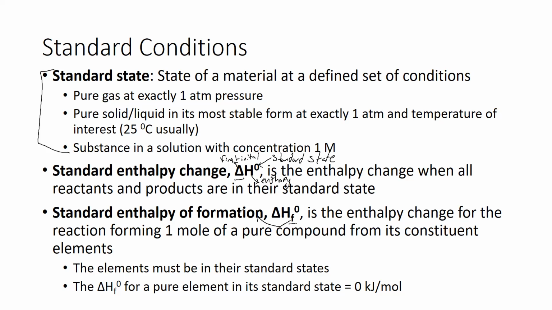That's what standard enthalpy of formation is telling us. As we have the naught as well, we have to be in standard state. And if we're looking at pure elements in standard state, formation of that is always 0. Again, that is just something chemists have decided is going to be our baseline, our 0. And that allows us to do other calculations. So that's what we're going to work on to begin with here: standard enthalpy changes and enthalpies of formation.